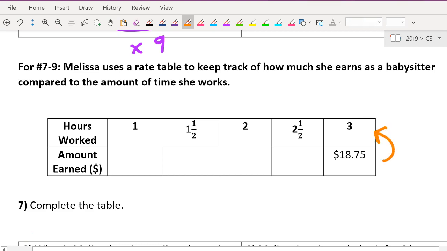And divide. Very good. And what do we get? It's $6 and a quarter. Okay? So where does that go? Under the 1. And what's that called? The unit rate. Awesome. And then we can double that for $2 for 2 hours. So that's going to be $12.50.